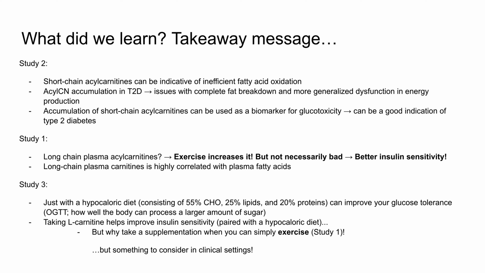So the overall takeaway message is that simply by following a weight loss regimen and with exercise, we can improve our insulin sensitivity and decrease our risk of diabetes. In clinical settings, however, patients with diabetes can explore taking L-carnitine supplementation to improve their insulin sensitivity levels, as we saw in study 3. But this should be further studied as well.